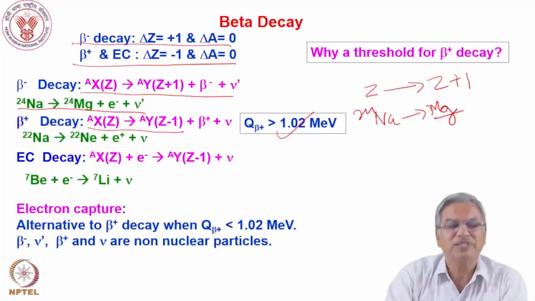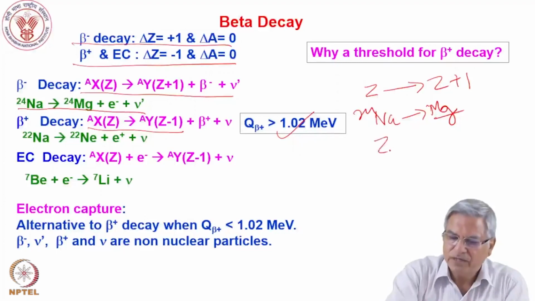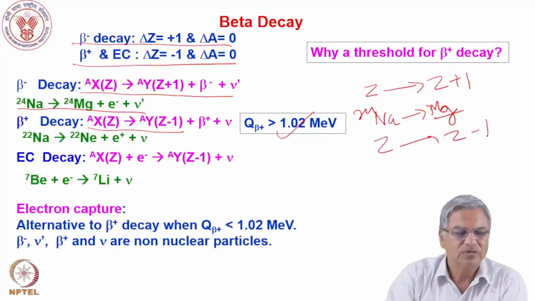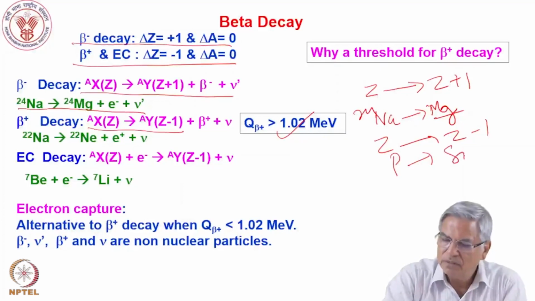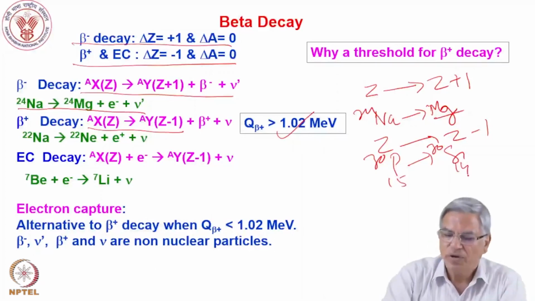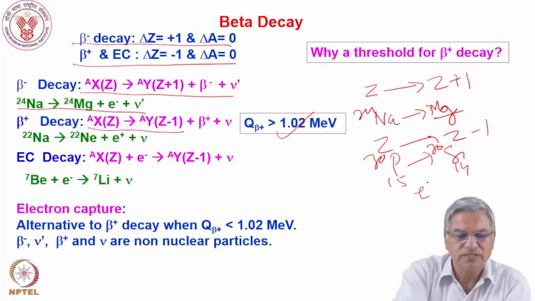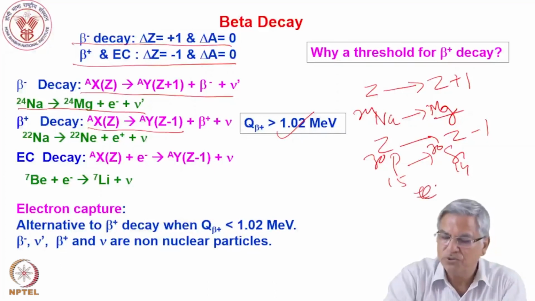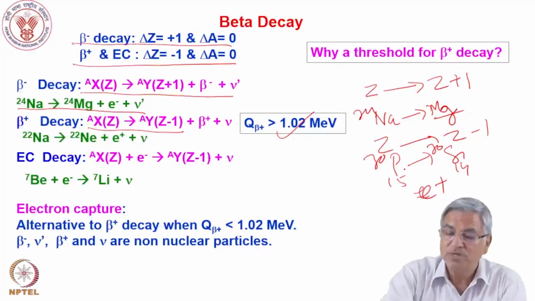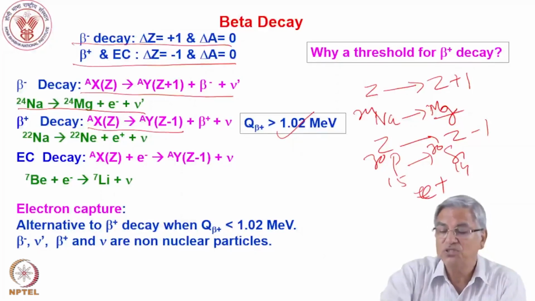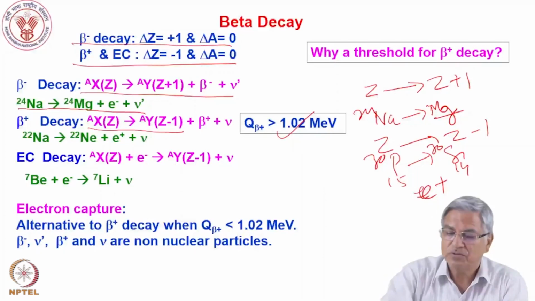But in the case of beta plus decay, when the atomic number decreases by 1, for example phosphorus 30 goes to silicon 30, from 15 it becomes 14. A positron is coming out, and the atomic number has decreased, so the daughter has one electron extra compared to what it needs.